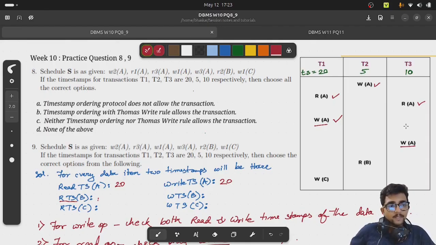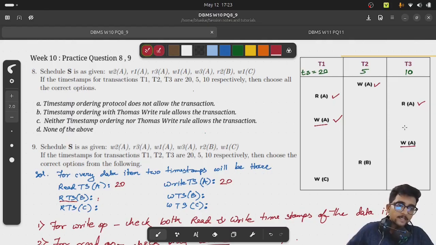Now I being T3, a transaction with timestamp value 10, an older transaction, has come now to write into it. I should have written into it earlier, and then only the T1 transaction should have read from that value, because I am an older transaction.